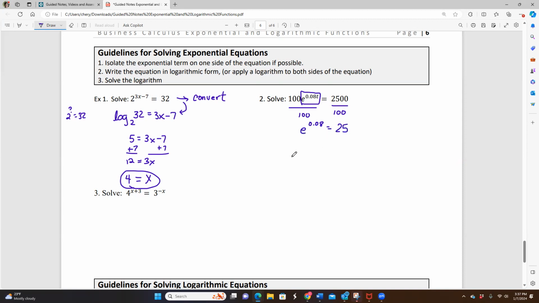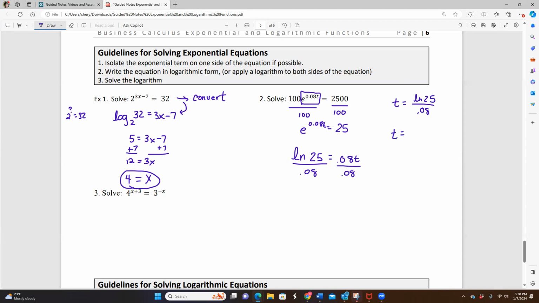Since we have log base e, that's the natural log of 25, would equal the 0.08t. So solving this, we divide by 0.08, and we get t equals natural log of 25 divided by 0.08, which would be considered the exact answer.